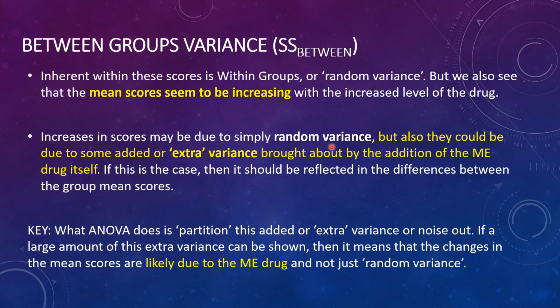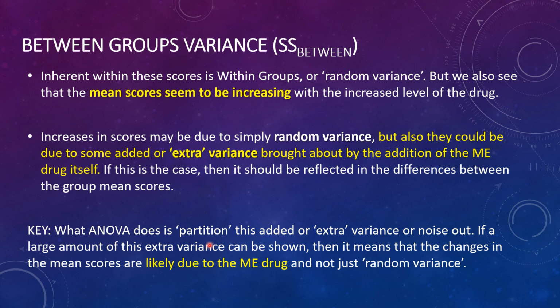This extra variance is the systematic influence. We hypothesize that the systematic influence is going to cause a change in the mood scores. If I talk about change, I'm talking about differing scores, about adding in variance, because the root word of variance is vary, which means to move away from something, right?